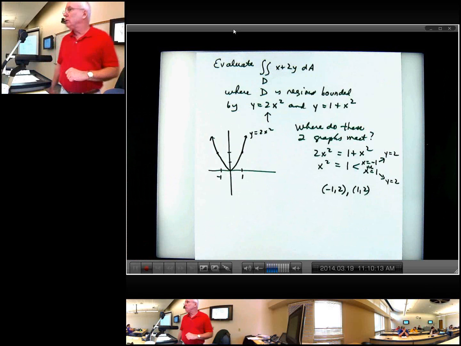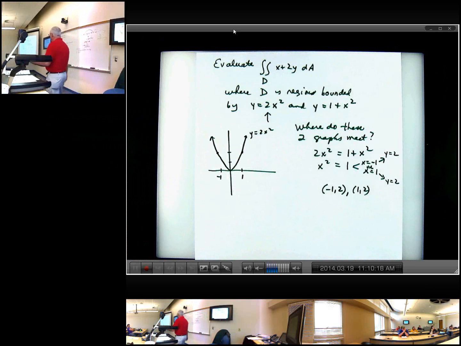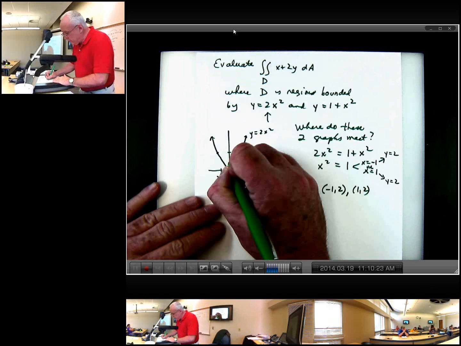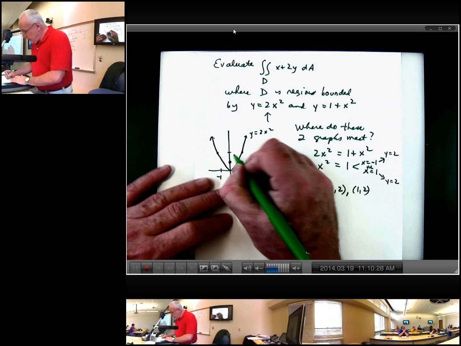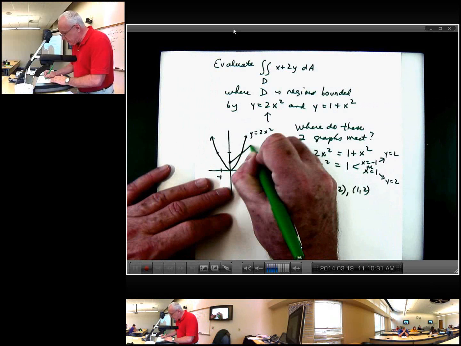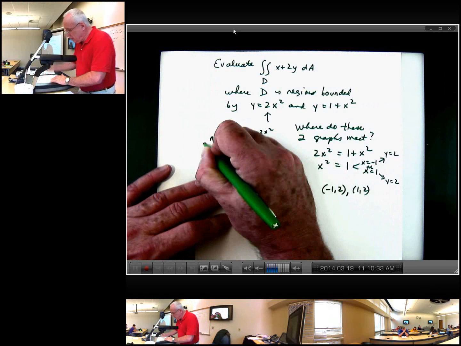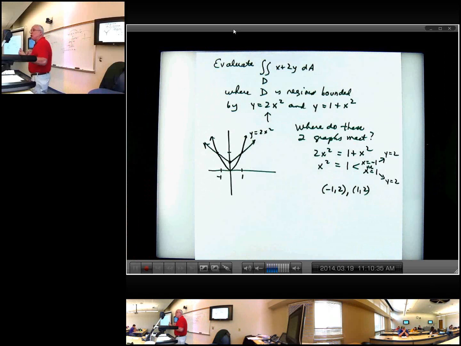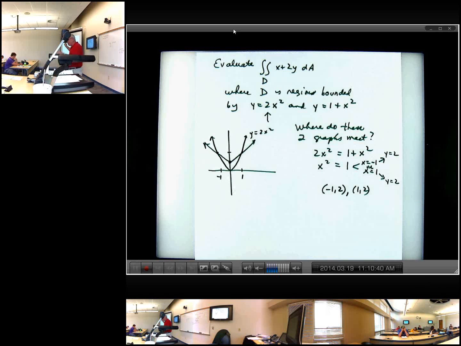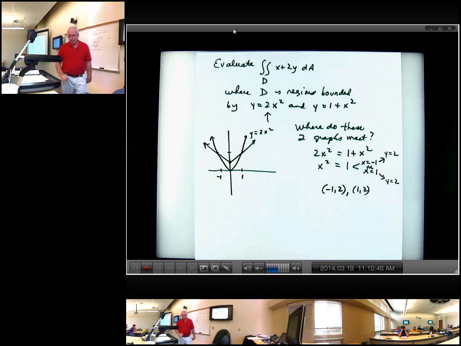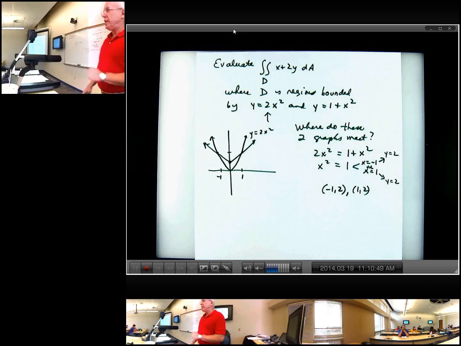What other point can we figure out that it goes through? Yeah. When x is equal to 0, y is equal to 1. Okay? So here's the vertex of that particular parabola. And so it'll then go kind of like this. Remember, they both have to meet at those 2 points, so I have to make sure that, however I draw these things, that they meet at the 2 points that I know that they meet at. We okay with that? All right. So that's what I mean by a rough sketch.